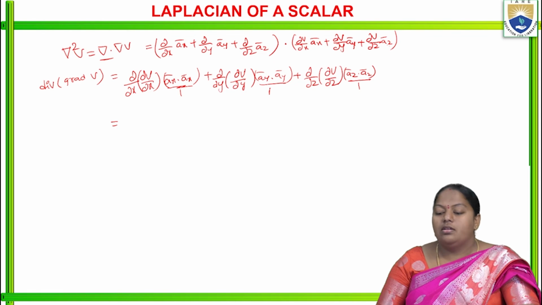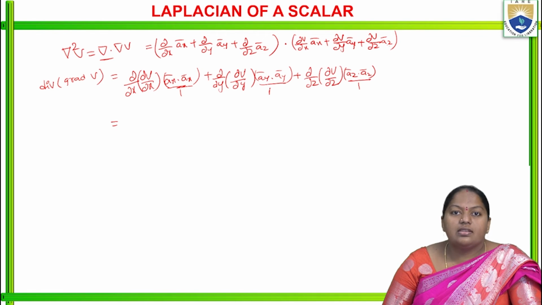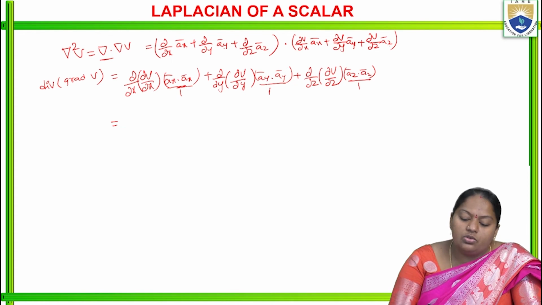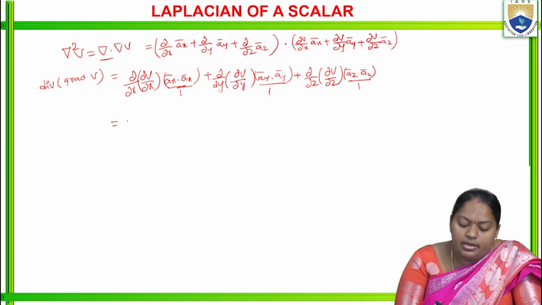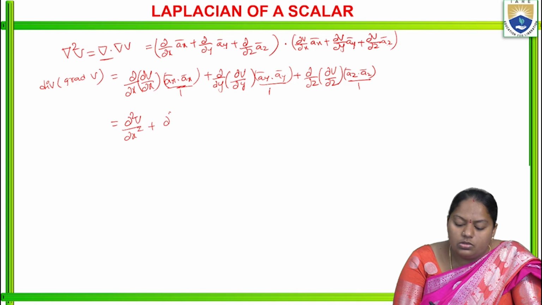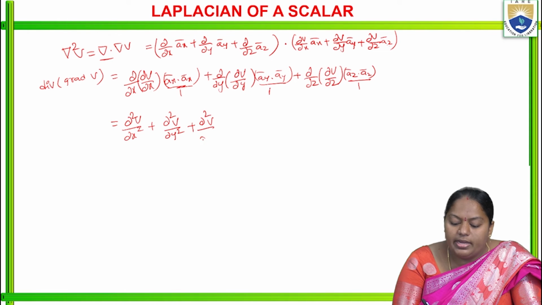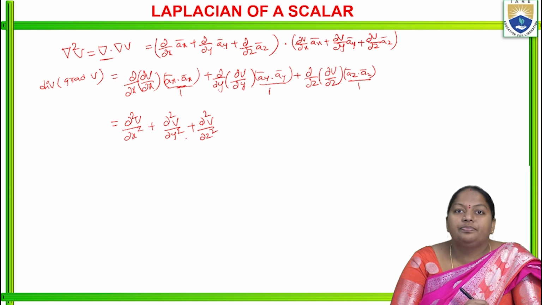Why? Because the dot product of the same unit vectors results in 1, and for adjacent vectors it is 0. So all three become 1, hence it will be written as ∂²v/∂x² plus ∂²v/∂y² plus ∂²v/∂z².